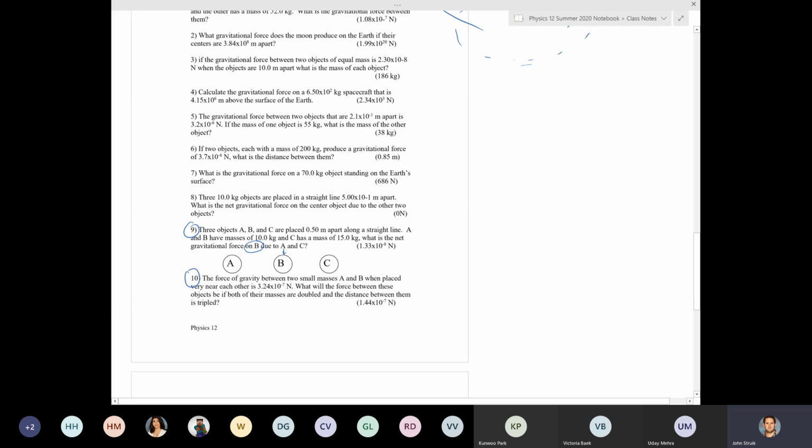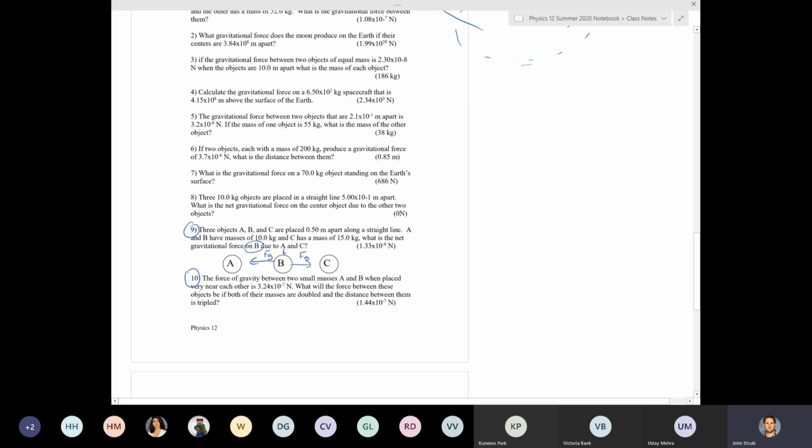Because A is a mass and B is a mass, there's a force of gravity going this way, and that's because A is attracting B. And there's also a force of gravity going this way because C is attracting B. Now there's also a force of gravity going this way because B is attracting A and B is also attracting C. But we're only interested in what forces are acting on B.